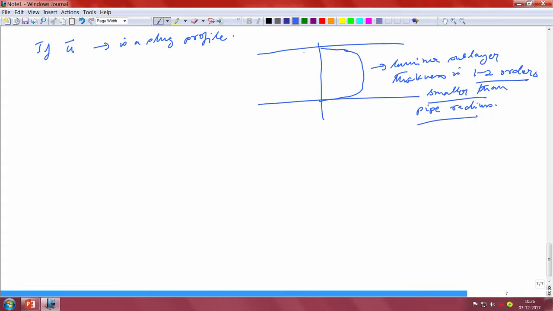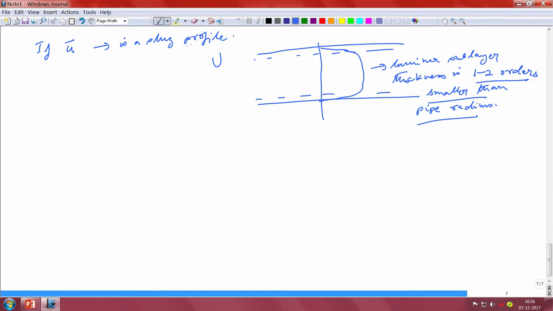So, the slug profile means essentially a constant velocity profile. If you recall, we did a problem in our laminar boundary layer internal flow where the slug profile is given by a velocity u, which was kind of constant. We solved this earlier.